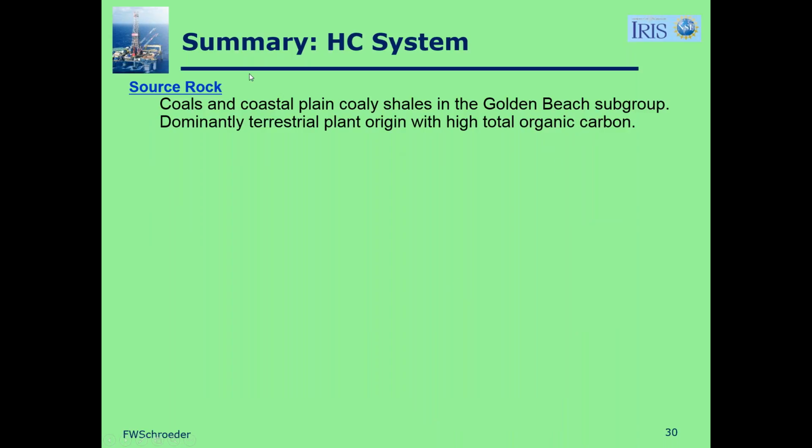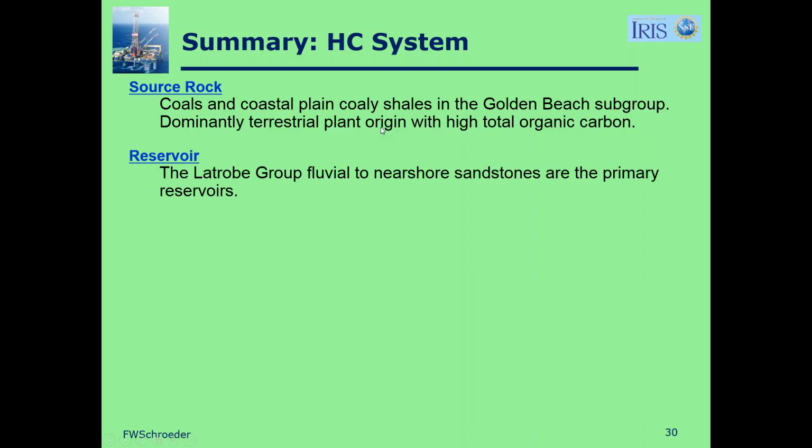So we can summarize the hydrocarbon systems. The source rocks are coals and coastal plain deposits in that Golden Beach subgroup. It's dominantly terrestrial plant origin, but it has high total organic carbon. And in the southern hemisphere, these coals generate more oil than coals tend to generate in the northern hemisphere.